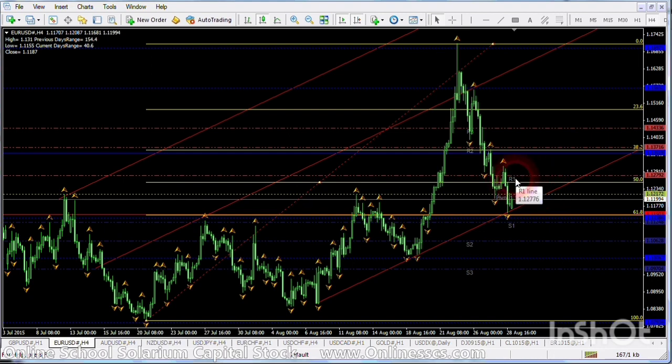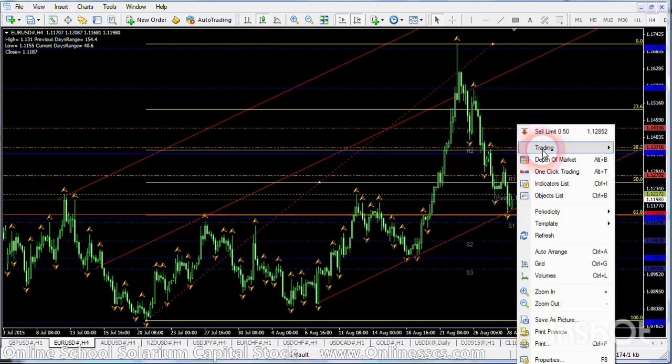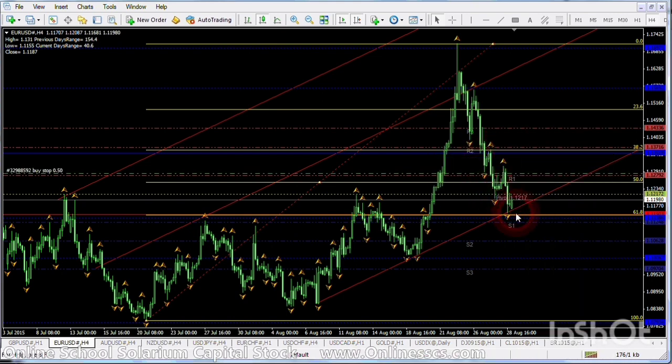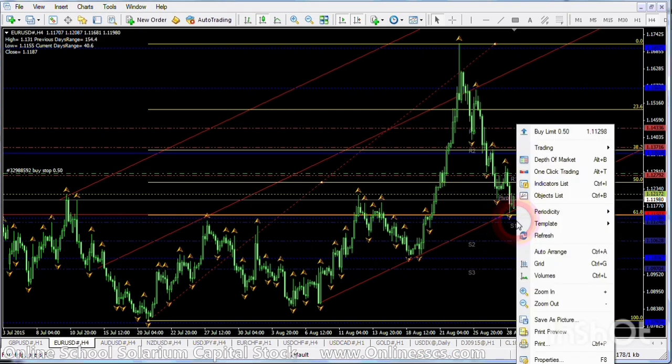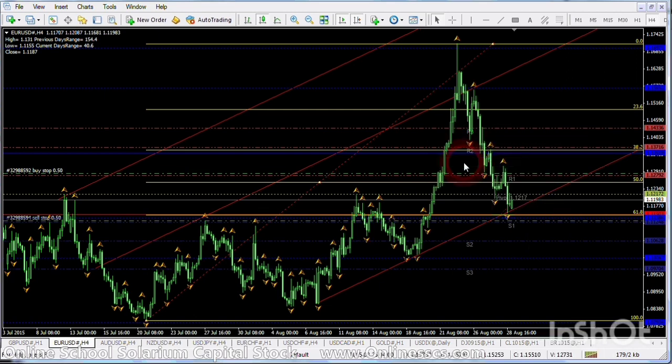If it breaks 50 as well, I can have a really good buy here. To have a simple and easy trade, I can put a buy stop above the resistance and a sell stop under the 61 Fibonacci and my pivot.